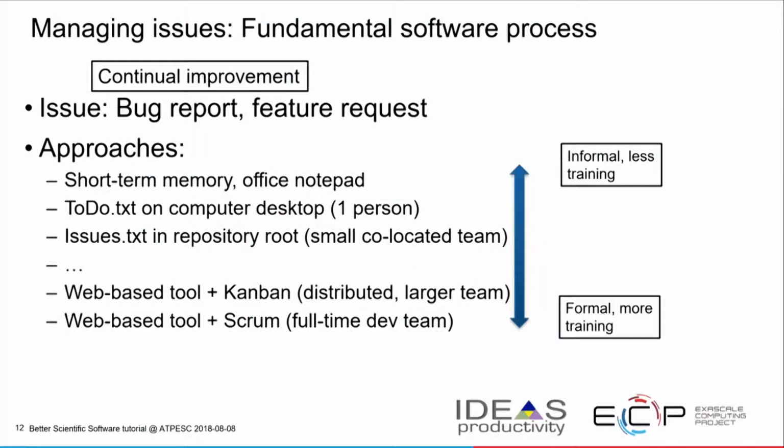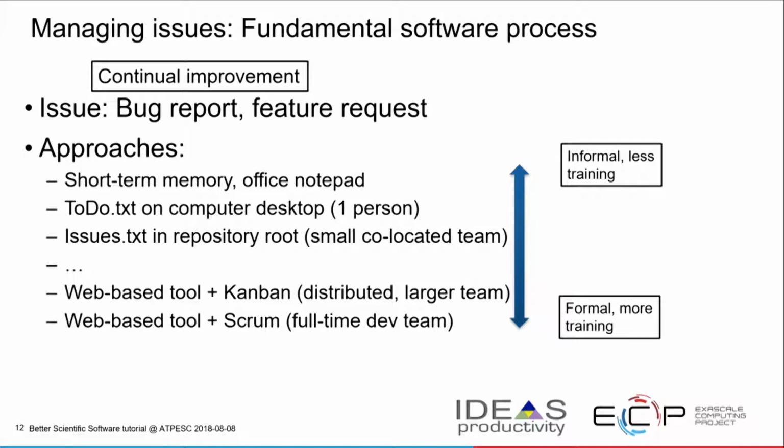All right, so let's talk about this a little bit more. How many of you are familiar with issue tracking or bug tracking for software development? Okay, a fair few. How many of you actually use it in a project? Okay. So there are various ways that you can do this.